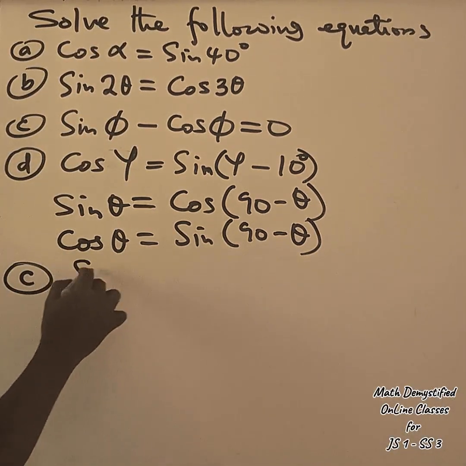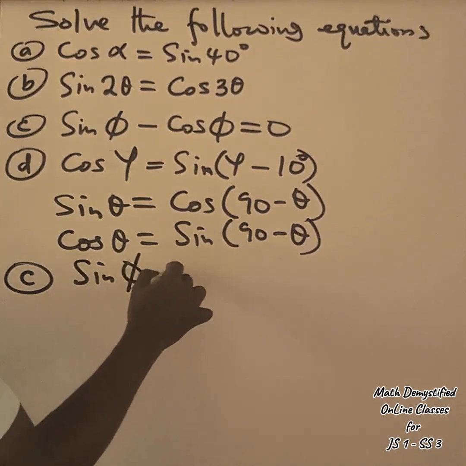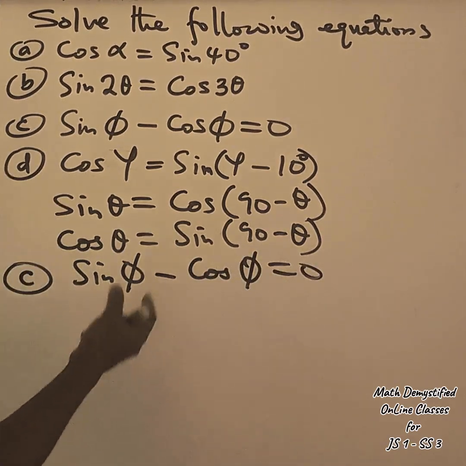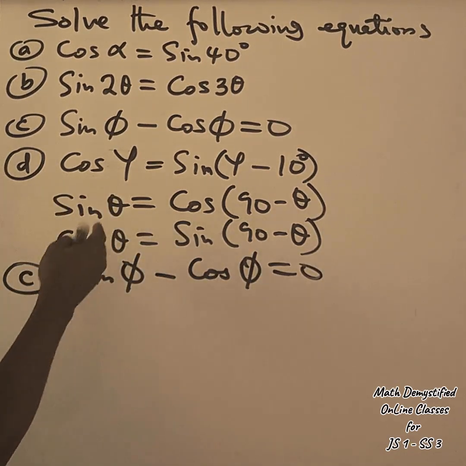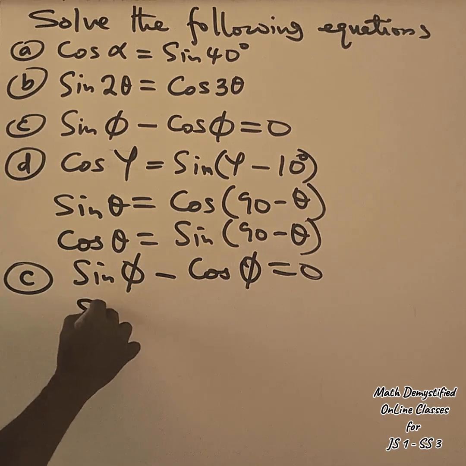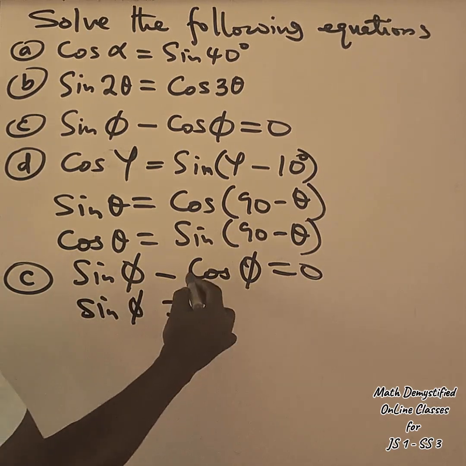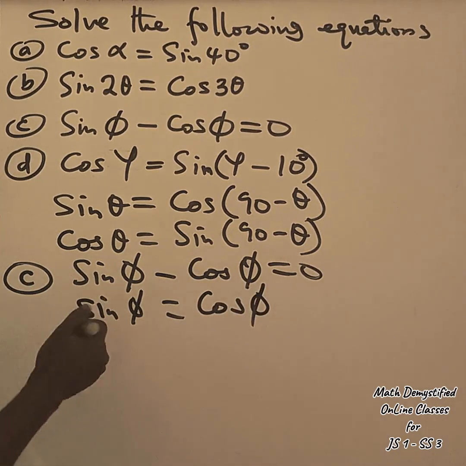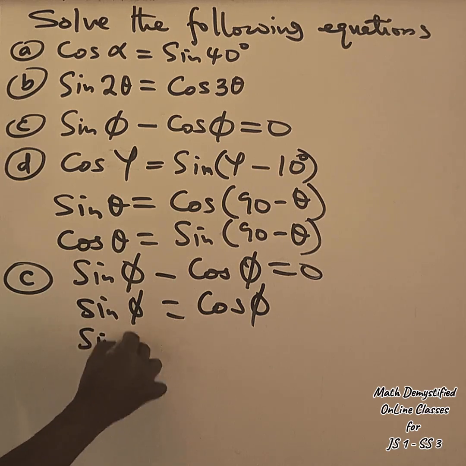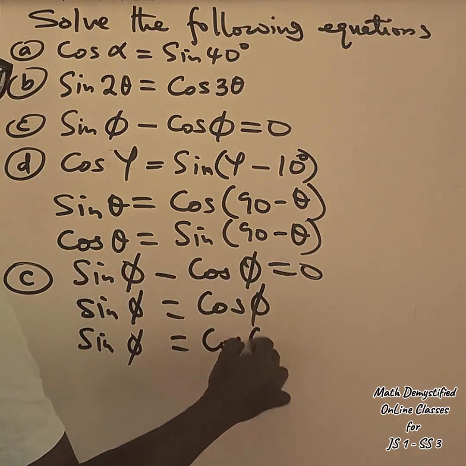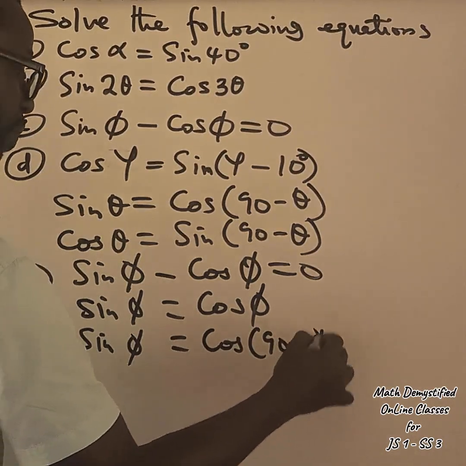We have sine phi minus cos phi equals 0. All right, it's not looking like the equation, and we are supposed to have two sides to it, so I'm moving this to the other side. So I have sine phi equals cos phi. We write one part, and that gives me sine phi equal to, as if this does not exist, cos 90 minus phi.